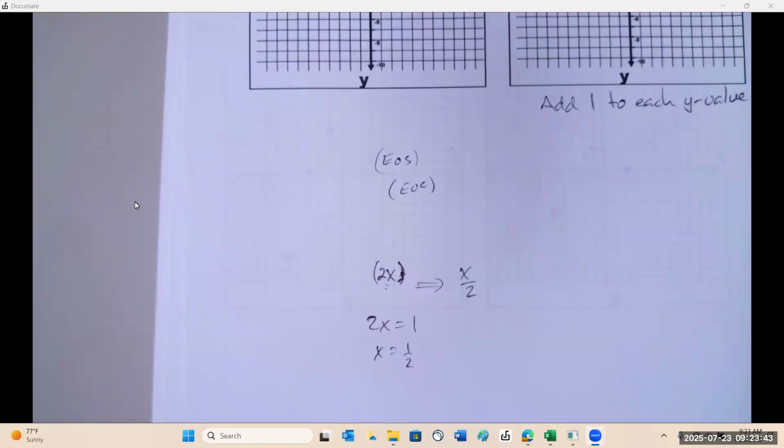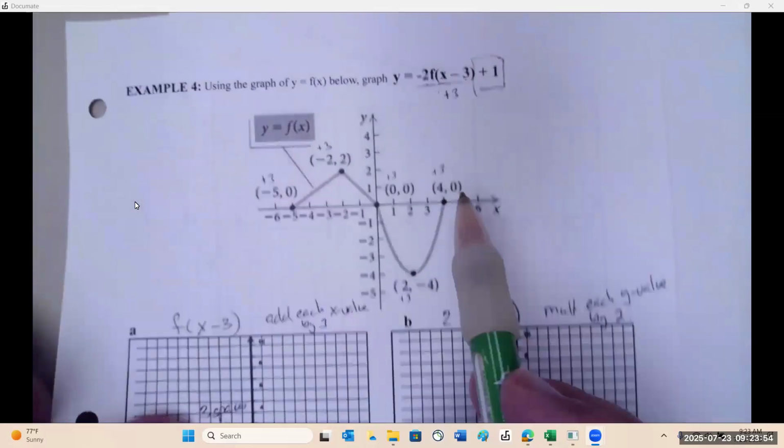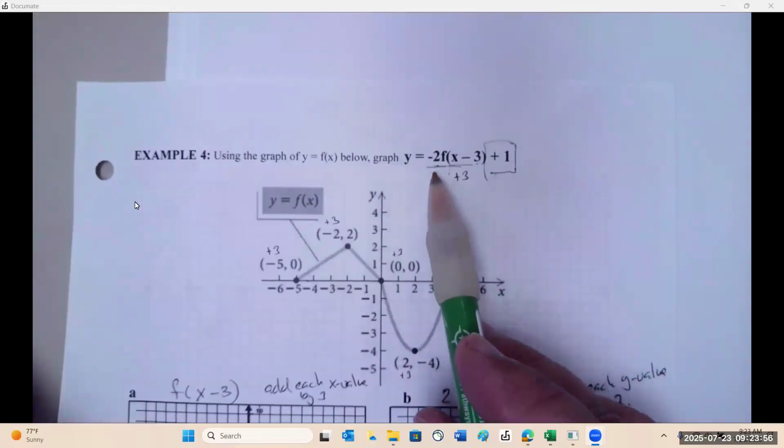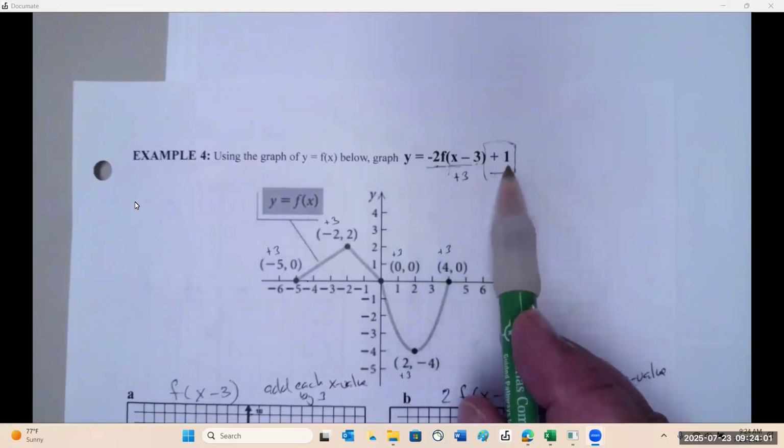How do you mean? You mean this too? Well, no, because of order of operations, multiplication is more important than addition.